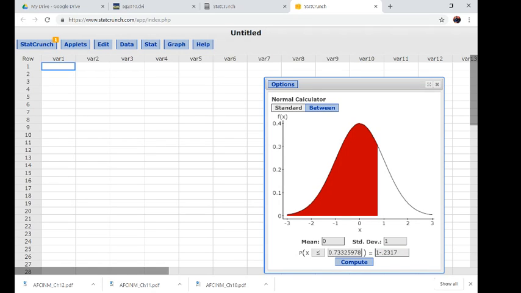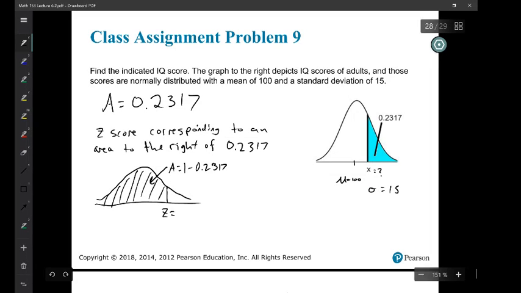Okay, so a z-score of 0.7332. And we can use that to get our x. So 0.7332 is equal to x minus a mu of 100 over a sigma of 15.